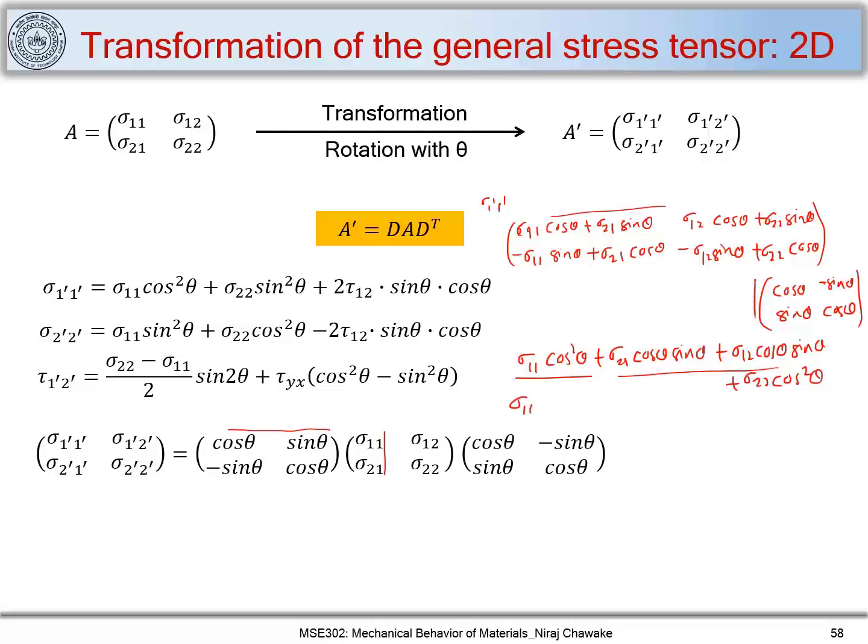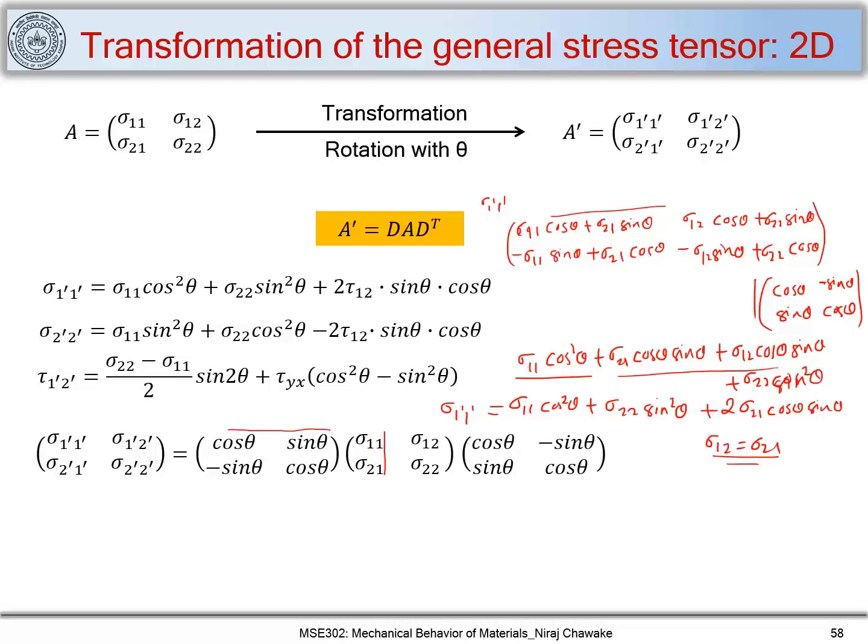So I have sigma 1 1 cos square theta plus sigma 2 2 sine square theta plus 2 into sigma 2 1 cos theta sin theta. Why am I writing sigma 2 1? Because sigma 1 2 is equal to sigma 2 1, that is what we know. So we can write this, and we get sigma 1 dash as this term.